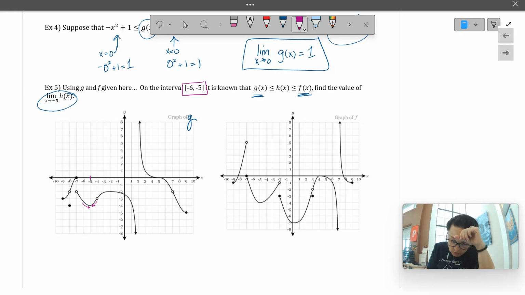But from both directions, g, my goodness, g seems to be going toward negative 4. f from negative 6 to negative 5 also seems to be going to negative 4. So guess what? h goes to negative 4. Don't make it harder on yourself.